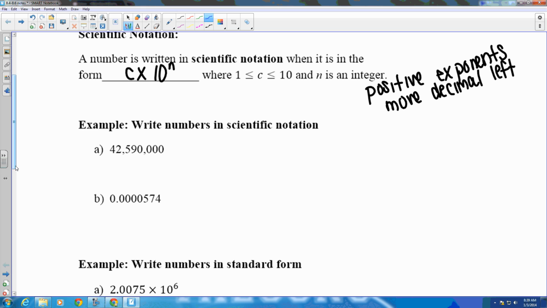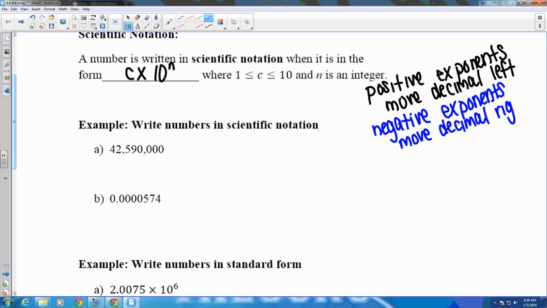If you have a negative exponent for your scientific notation, you're going to move the decimal to the right to get it in scientific notation. So this is from standard to scientific notation.